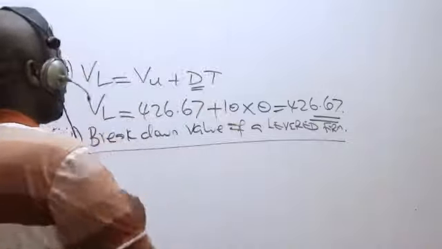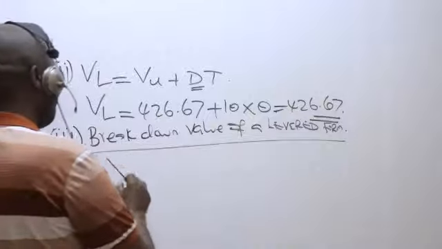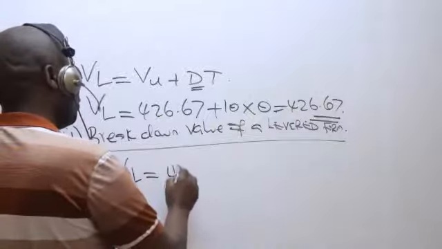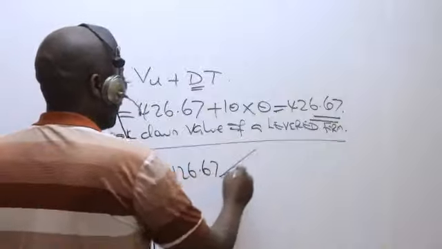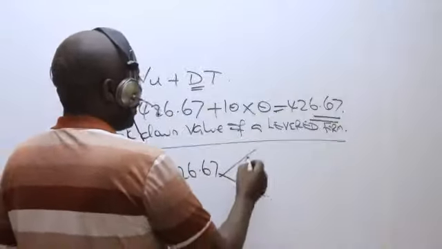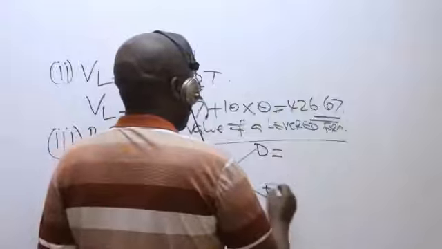That's what you do. So unakuja mwandikia hapa value of a levered firm equals 426.67. You break it down. Unasema debt equals who and equity equals who.